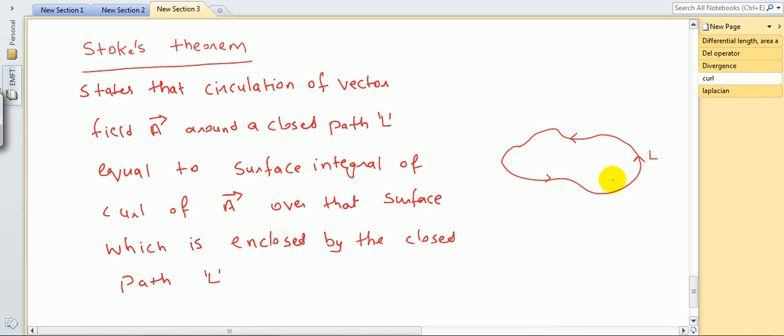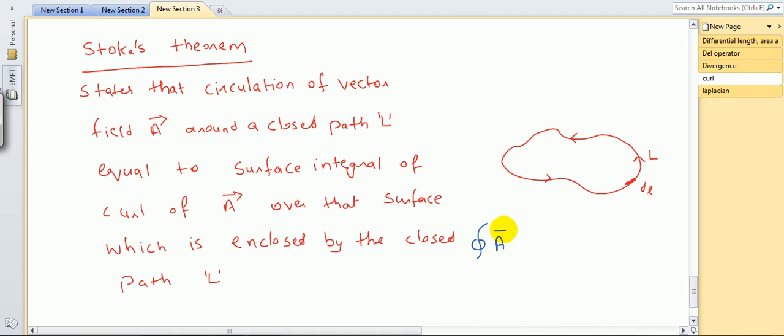and if I calculate circulation around this loop with this path, suppose I am going along this small length dl. To find the circulation I have to do the line integral over this closed path.